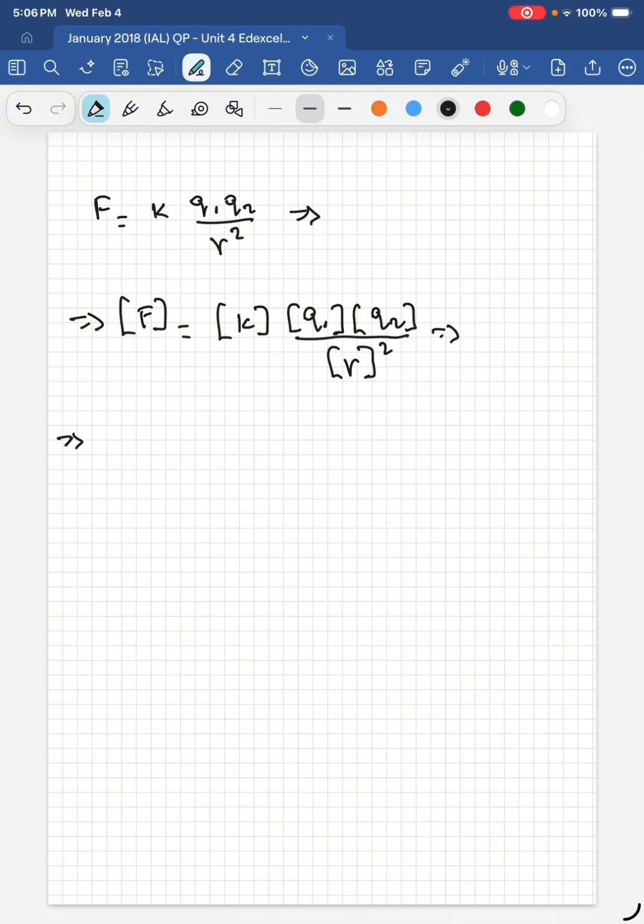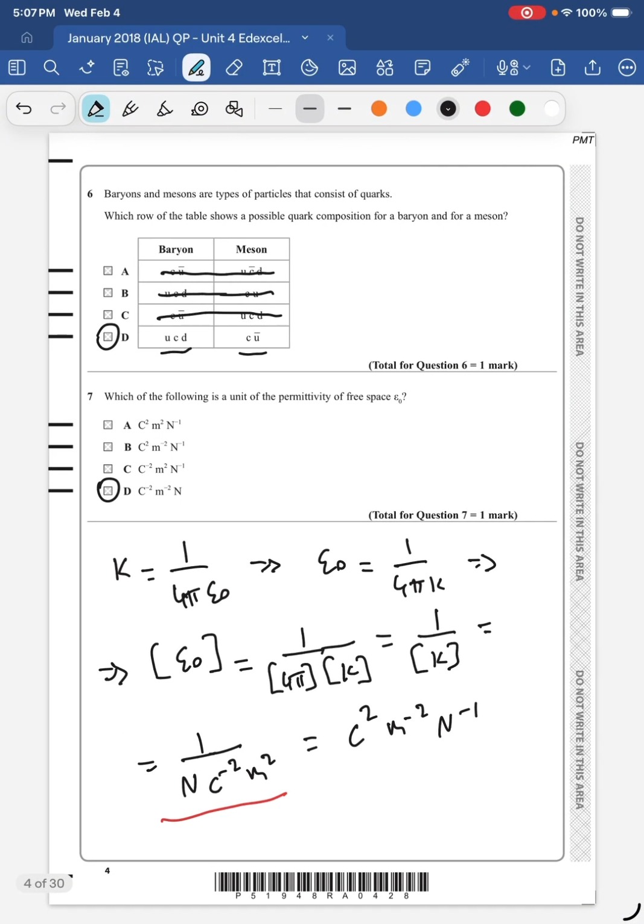The units for force are newtons. The units for k are what we are looking to find. The units for Q is coulomb, and we have 2 of them, so coulomb squared over meter squared. So the units for k would be newtons, meter squared, coulombs to the minus 2. Okay? So the units for epsilon naught will be 1 over that, pretty much.